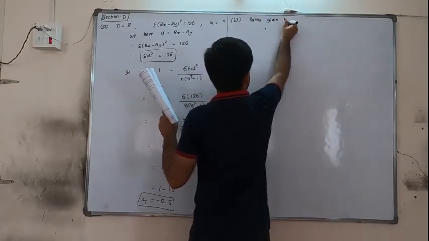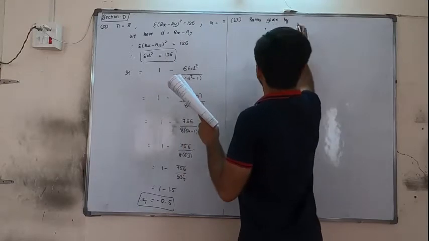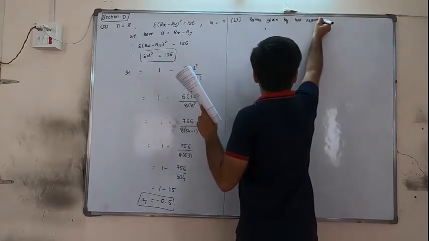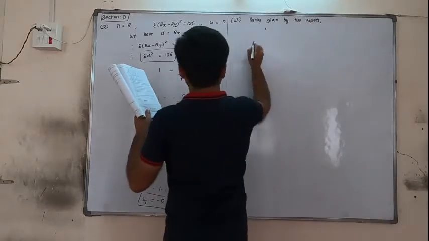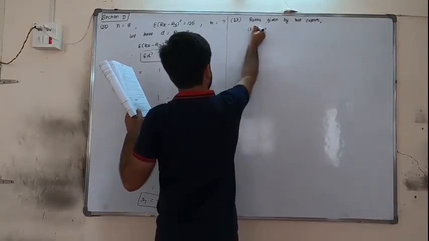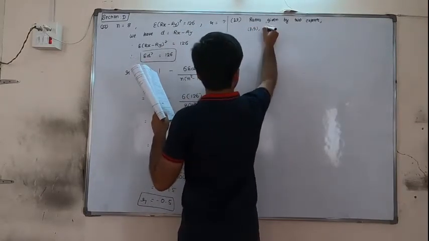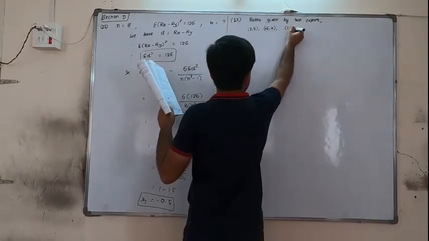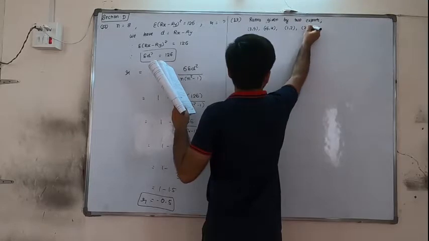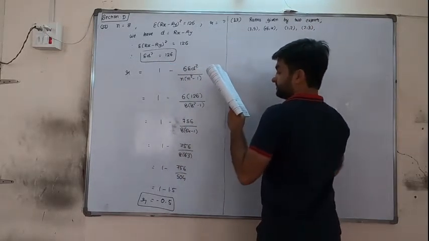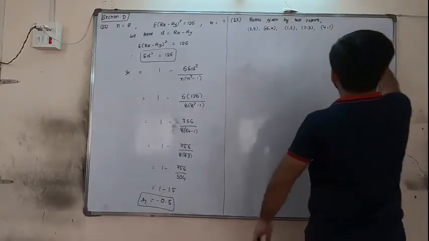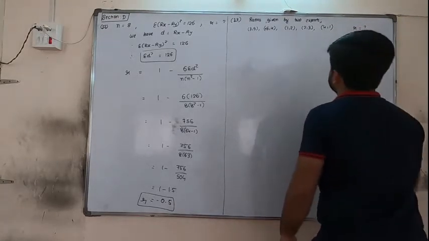The ranks given by two experts, 3 5, 5 4, 1 2, 2 3, 4 1, are the question.